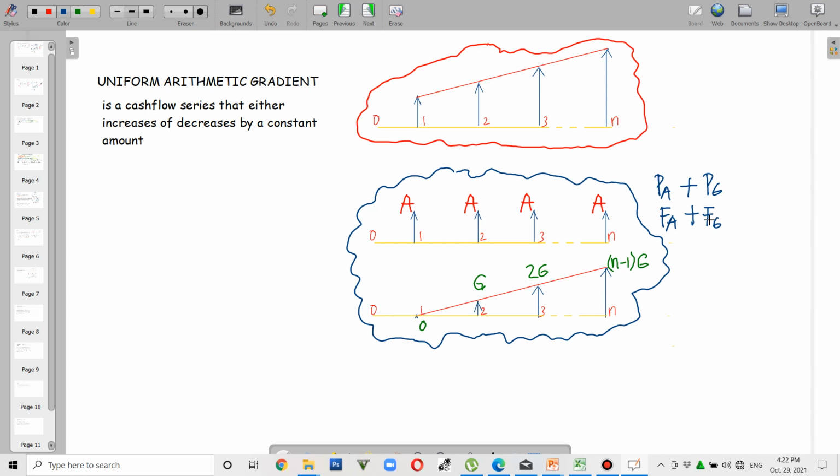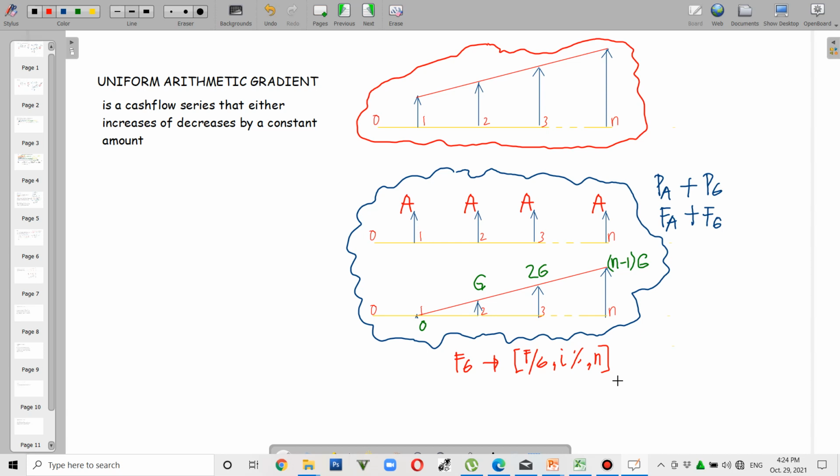So what will be the formula? I'll suggest that we just memorize the formula of the future worth, kasi itong future worth can be brought easily to the present by multiplying the single payment present worth factor that we have introduced before. So the future worth of gradient is denoted by finding the future worth given the gradient at I% at n.